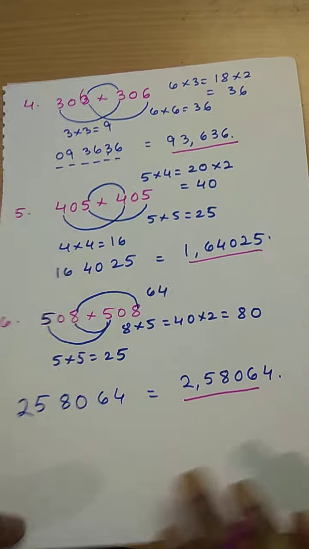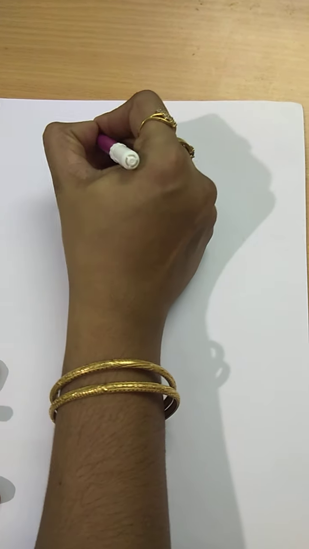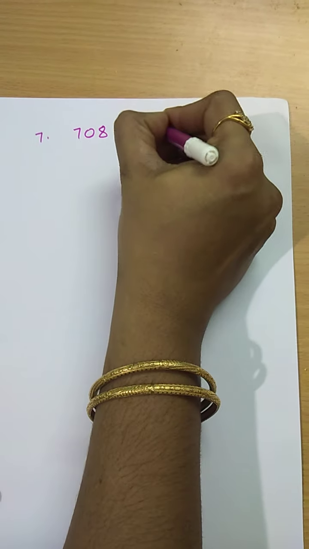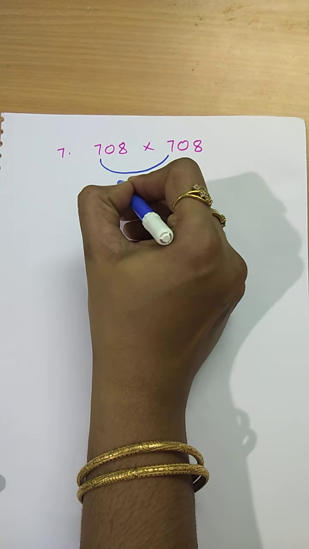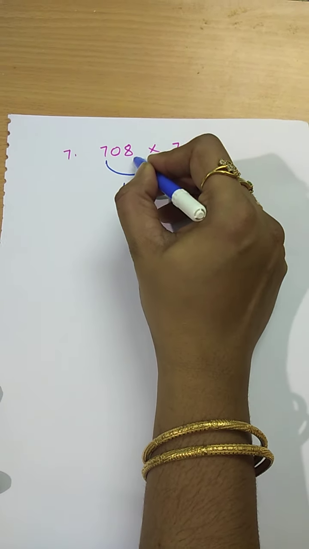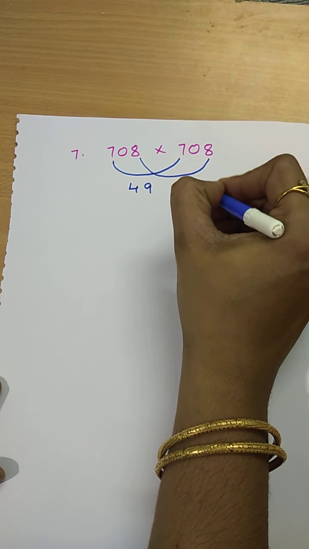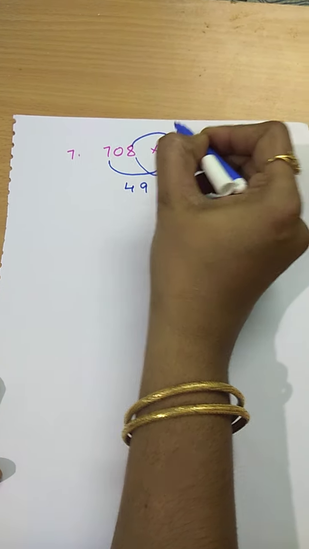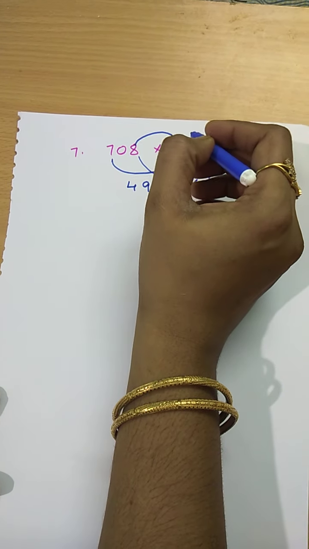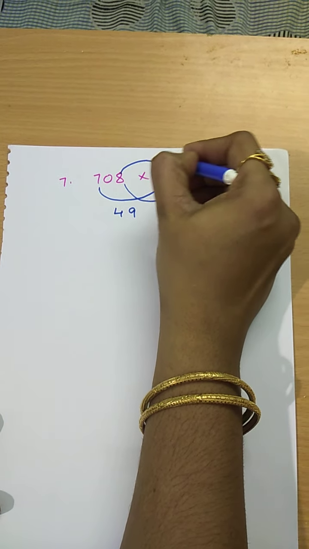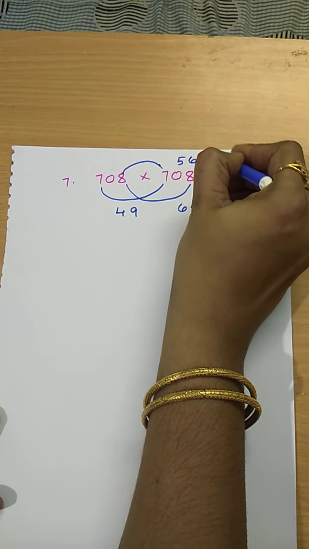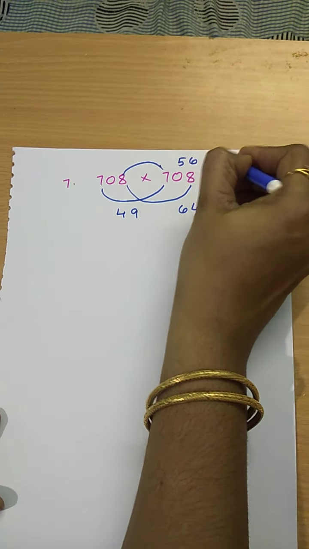Okay, we will take one more example: 708 into 708, the seventh problem. 7 into 7 is equal to 49, and 8 into 8 is equal to 64. Here 8 into 7, which is equal to 56, into 2 is equal to 112.